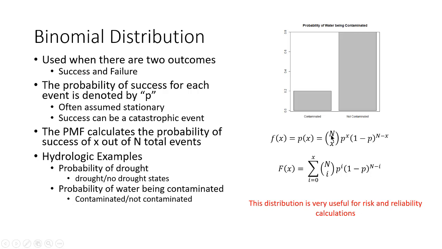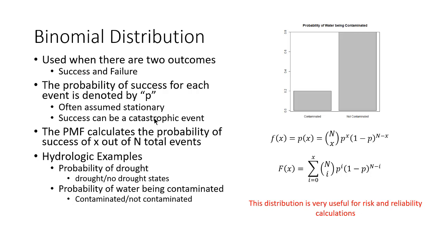So there are 3 parameters. N is the total number of events. X is the number of events where you've had success or you want success, and P is the probability of success. When we say success, the success can also be a catastrophic event in the case of hydrology.